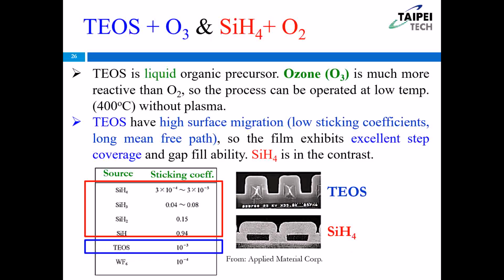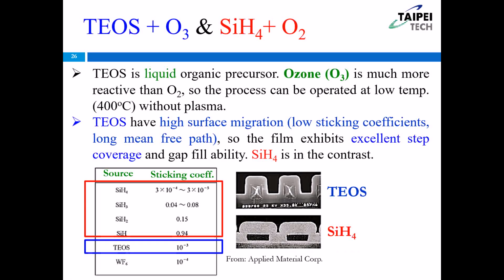So the process can be operated at a lower temperature of 400 degrees Celsius, or even without plasma, because ozone is very reactive. So the deposition temperature can be as low as 400 degrees Celsius, okay?